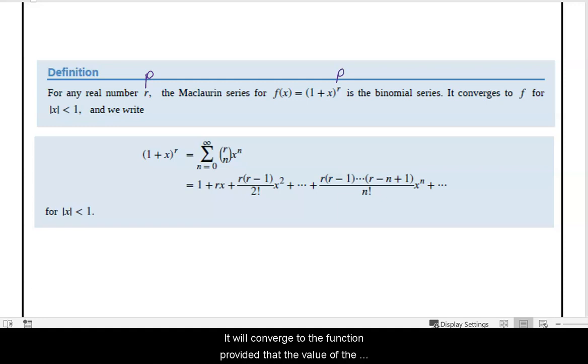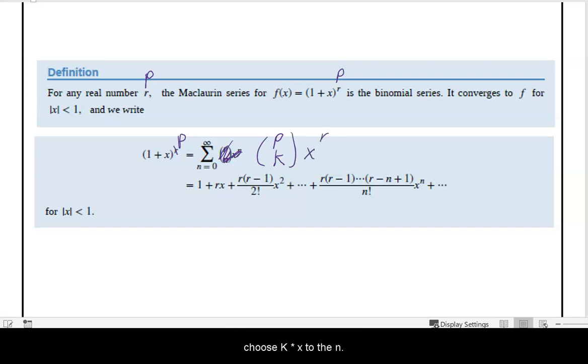It will converge to the function provided that the absolute value of x is less than 1. And I will instead write that 1 plus x to the p has to be equal to, and let me take this part out and write instead p choose k times x to the k.